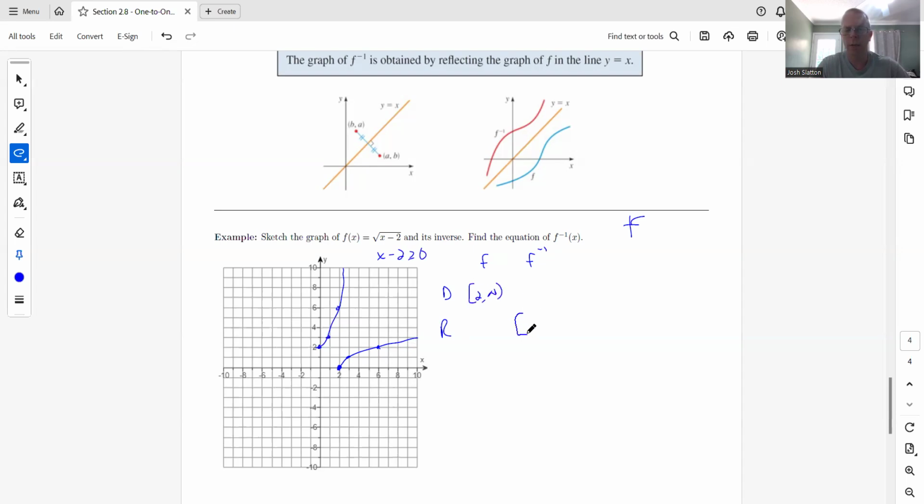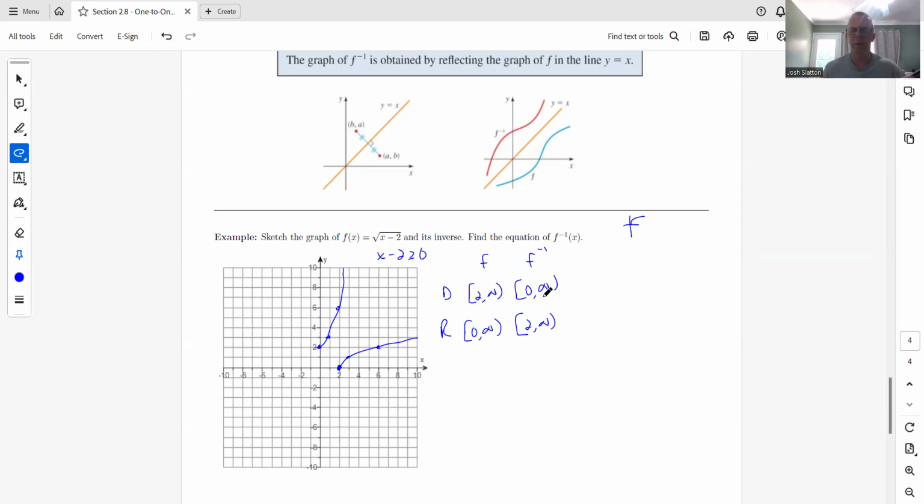So that means the range of f inverse is 2 to infinity. And the range of f is 0 to infinity. So that means the domain of f inverse would be 0 to infinity. So 0 because the x is 0.